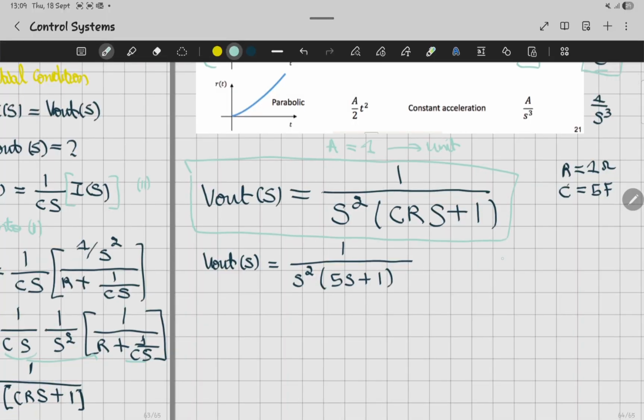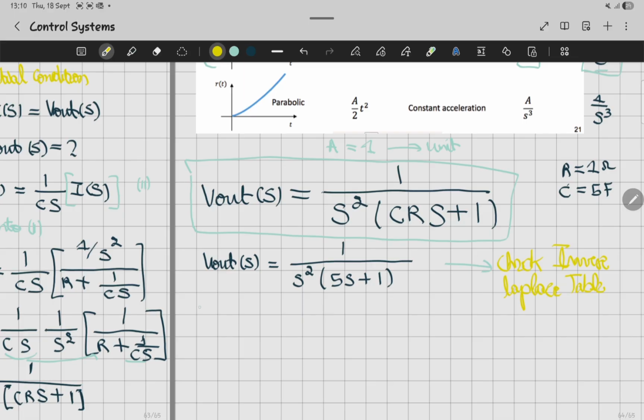Once you get to this stage, you need to check to see if we can find this in the inverse Laplace table. If you can find this form.